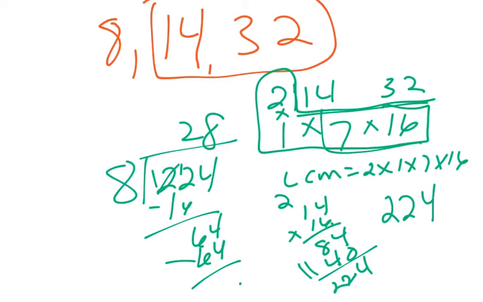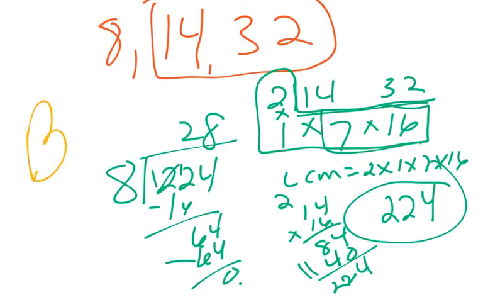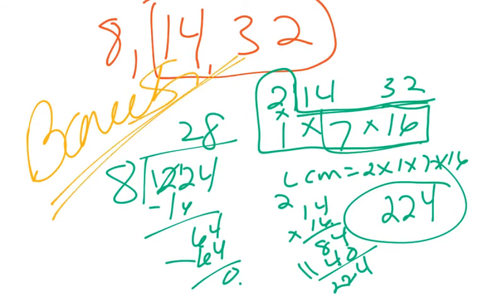So I now know that this 224 will work with 8 as well. And now I can use the birthday cake for that and know that it will work. I hope that makes sense. That's kind of a bonus. Okay, bonus. Sorry, I don't have a super teacher handwriting.